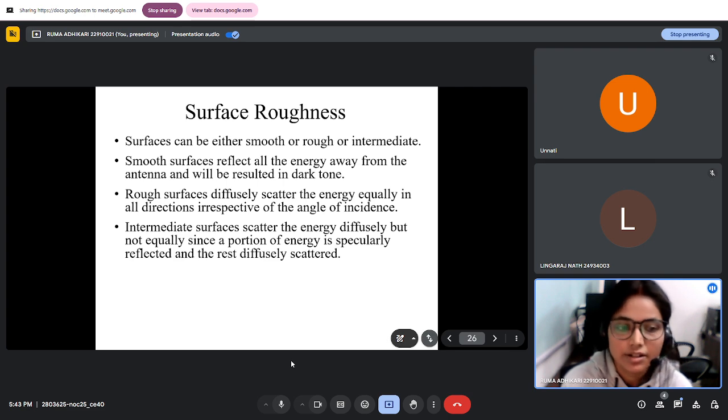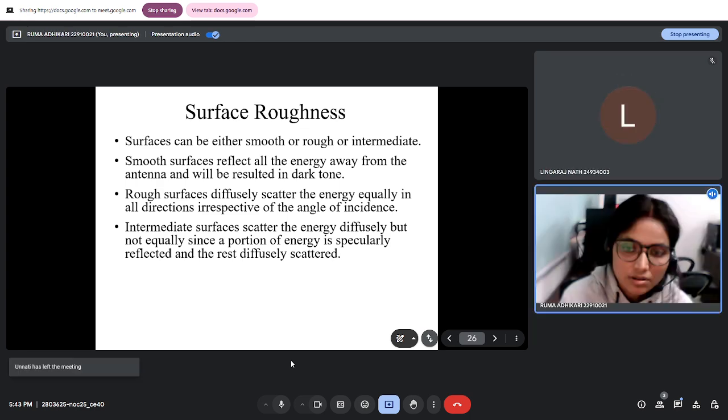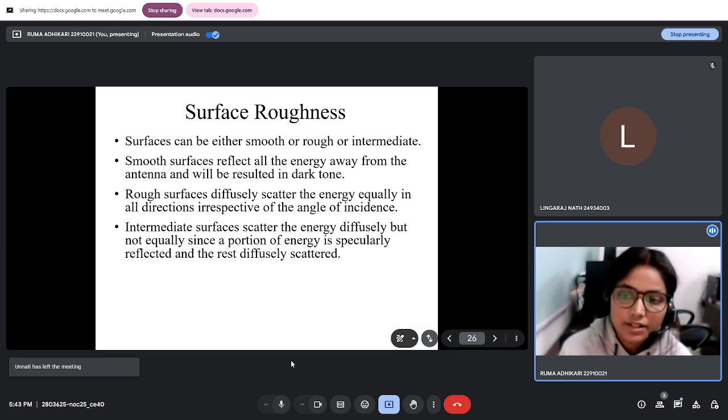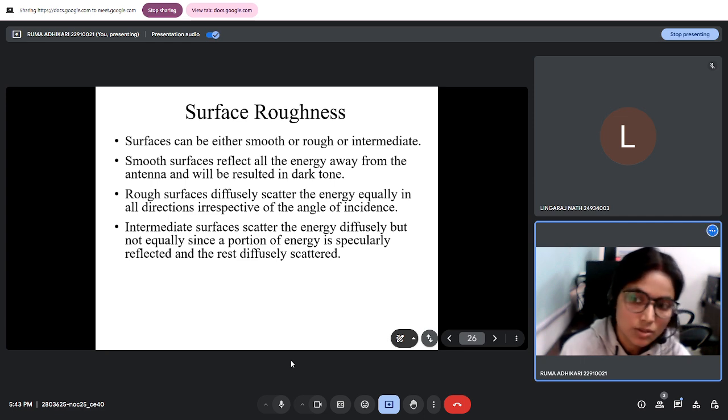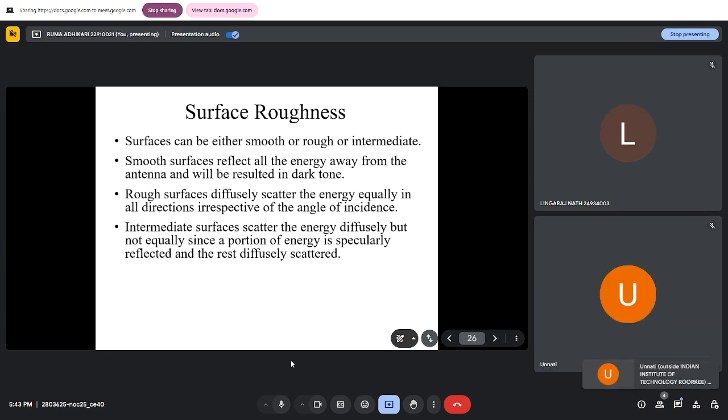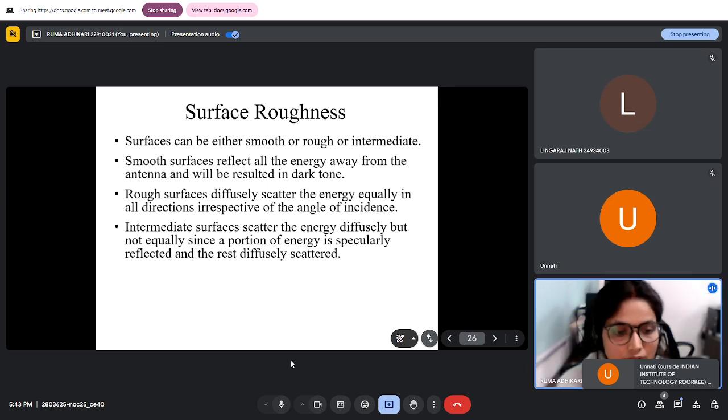These are natural targets, so naturally they will not scatter the same power in all directions, like an ideal source. Because a portion of energy is specularly reflected and the rest diffusely scattered, two phenomena are happening: specular reflection and diffuse reflection.